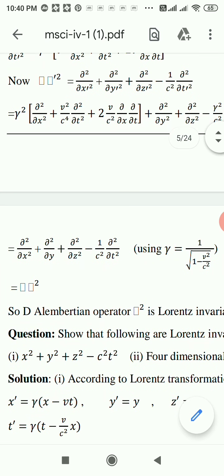If we want to prove this, we have to prove that del dash square is equal to del square. The value of del square is the same in frame S and frame S dash.